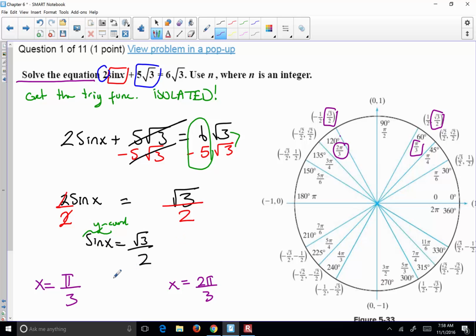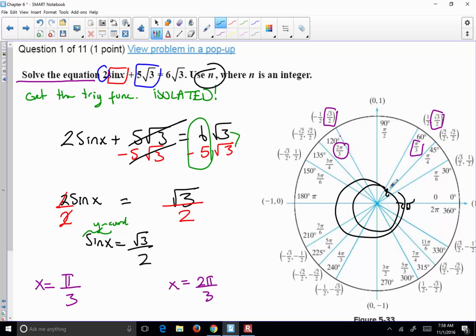Alright, is this all? Is this the final answer? There's something missing. You need to find all of them. You just found 2. You need to use n to get all repetitions. Because if you make another full cycle, another 2 pi, that's a solution as well.